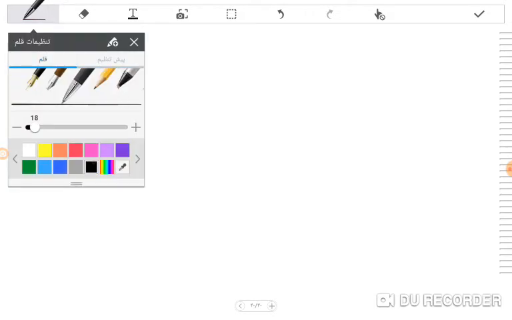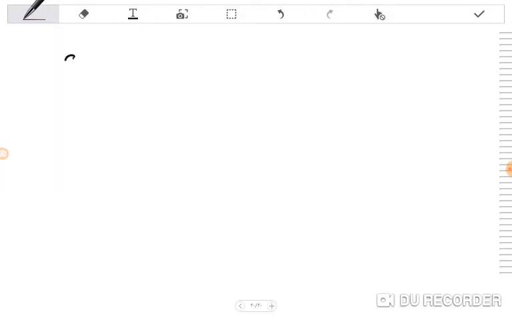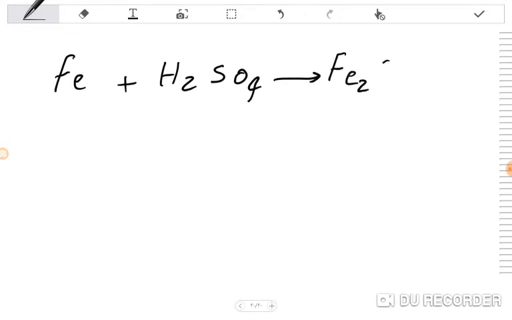For example, iron reacts with sulfuric acid and the products are Fe2(SO4)3 plus H2. This equation is not balanced. How can we realize it?